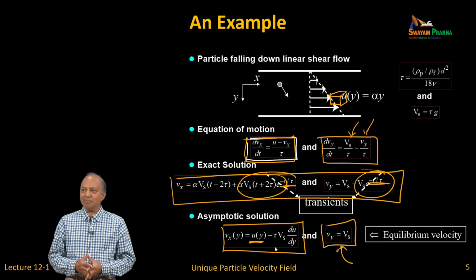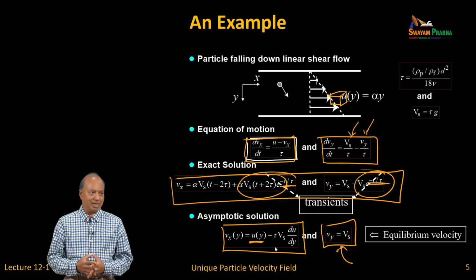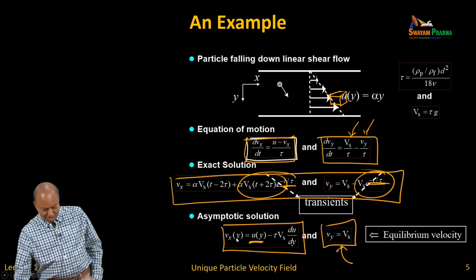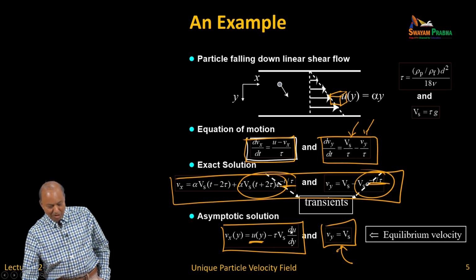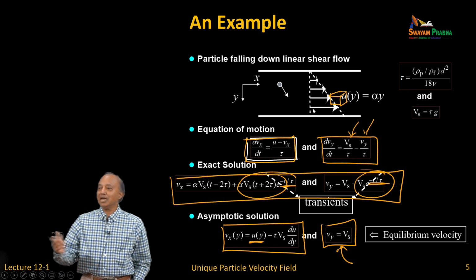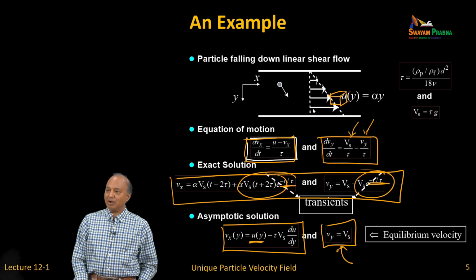Now, yesterday somebody was talking about PIV measurements. They were asking a very interesting question. Think of it this way. Let us say you are doing PIV for this problem, tracking particles and getting a fluid velocity field.